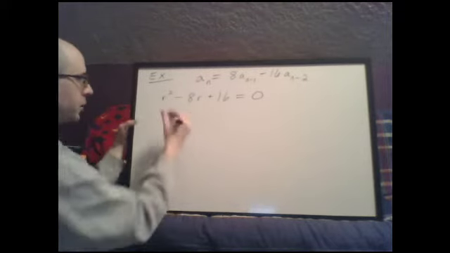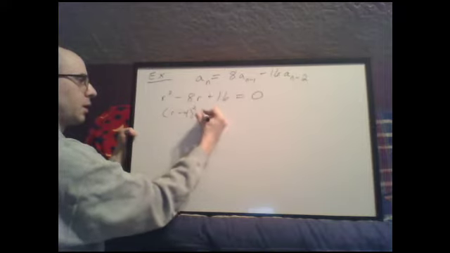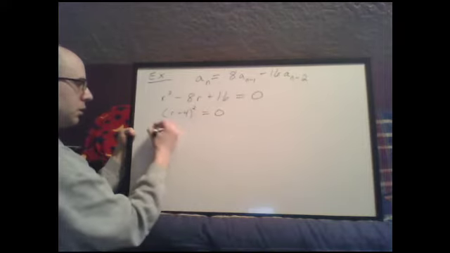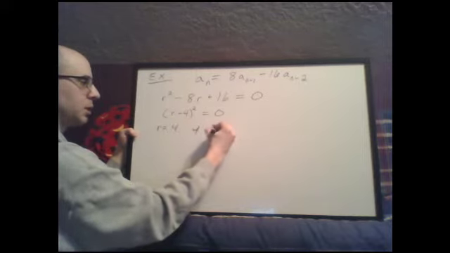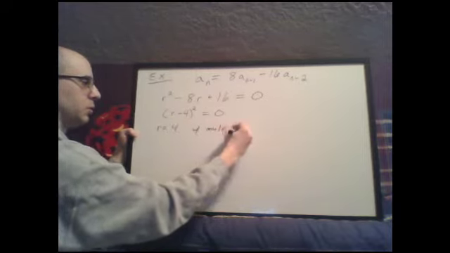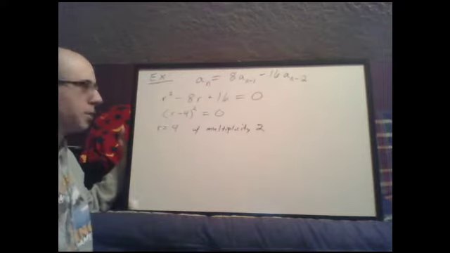This one does factor easily. This is (r minus 4) squared. So r equals 4 with multiplicity 2. That's our only root, and it has multiplicity 2.